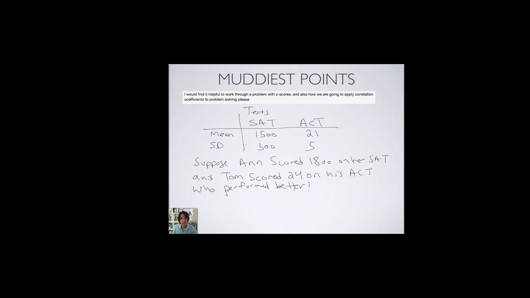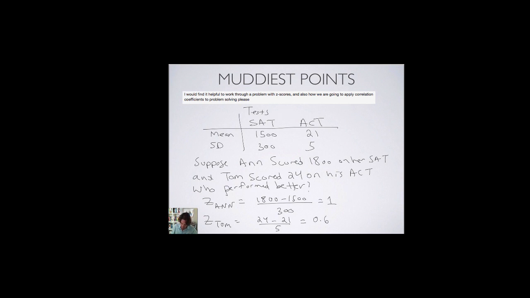Well, we can calculate the z-scores. The z-score for Anne is obtained by taking Anne's score, which is 1800, subtracting the mean, and dividing by the standard deviation, which is 300, which gives us a z-score of 1. The z-score for Tom is obtained by taking Tom's score, subtracting the mean, and dividing by the standard deviation, which gives us a z-score of 0.6.